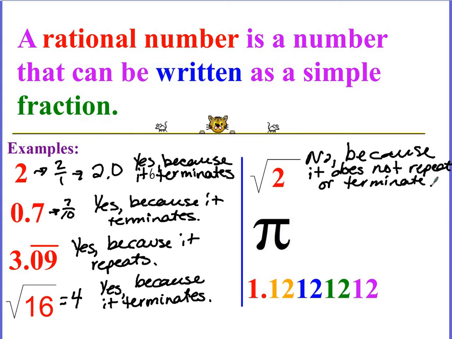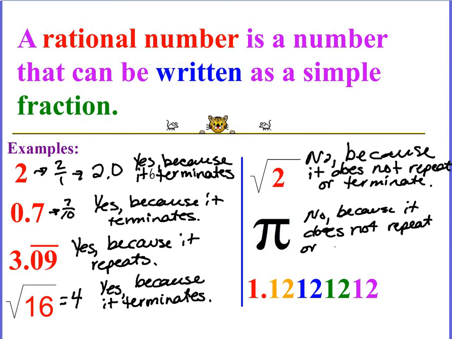Pi is a number that we know goes on forever. Since pi goes on forever, we know that it is not rational. So no, because it does not repeat or terminate.